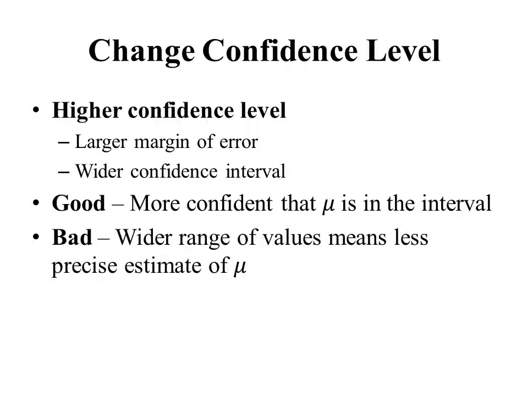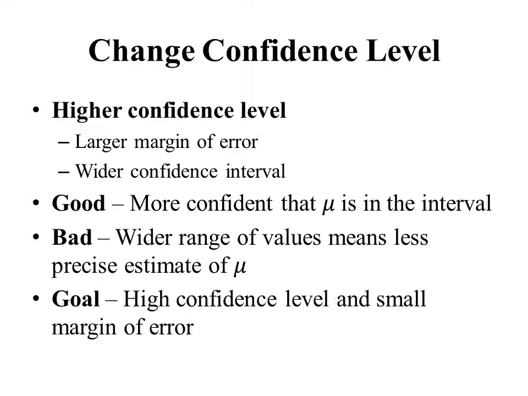So a wide confidence interval is bad in the sense that it gives us a less precise estimate of mu. So our goal is that we would like a high confidence level so that we're really confident that mu is in the interval, but we'd also want a small margin of error. So a high confidence level and a small margin of error. That's ideally what we want.